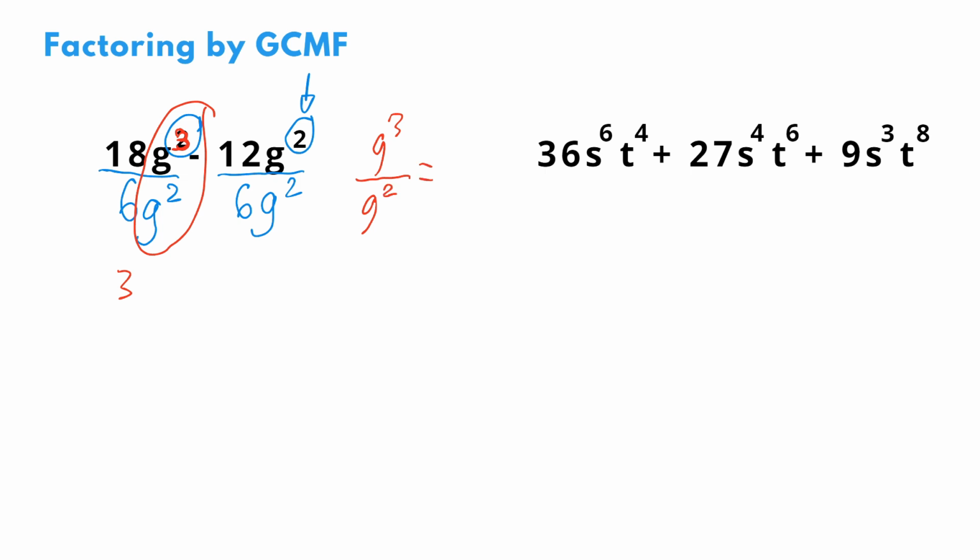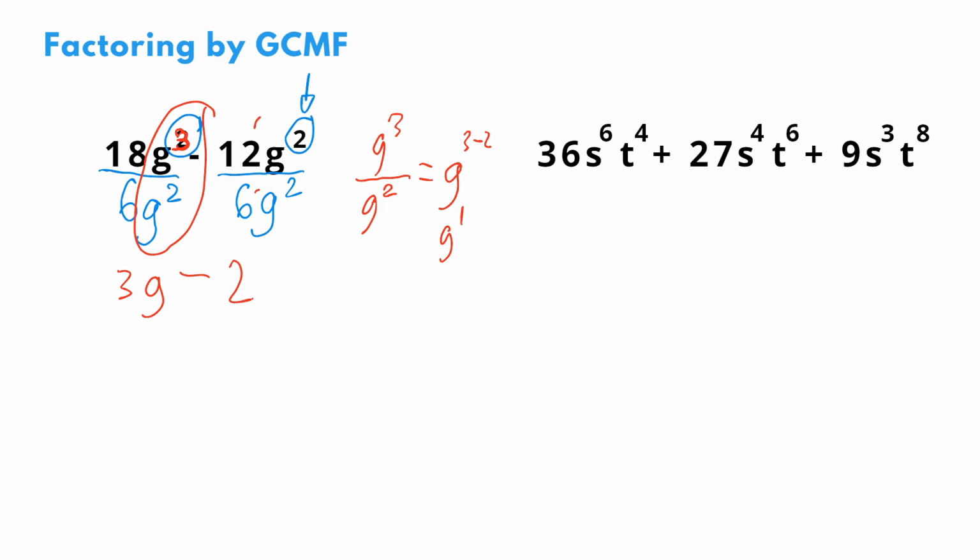So how do we do the quotient rule? Simply we copy the common base, we subtract the exponents. It's going to be g raised to 1. But we don't write g raised to 1, right? So simply, g cubed over g squared is g. You copy the minus.